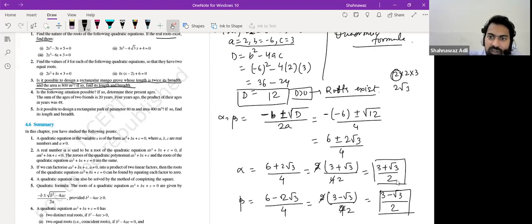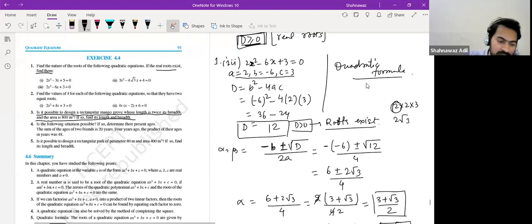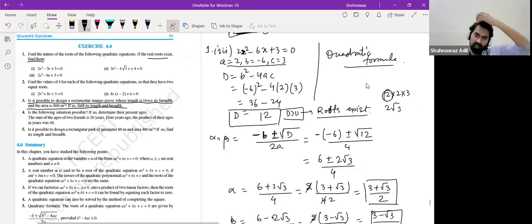Any question, guys? No. So this is the same as the previous 2 questions, only the next question is a little bit different. Please note this down.